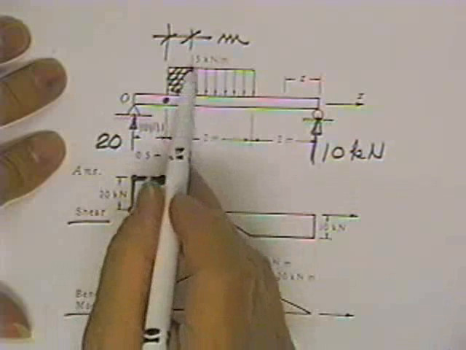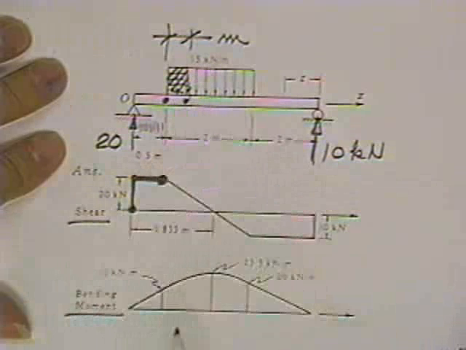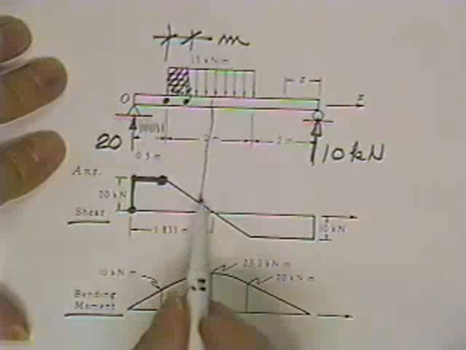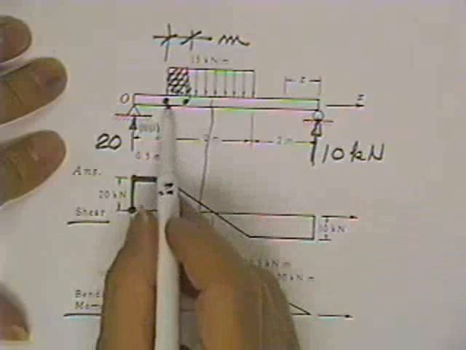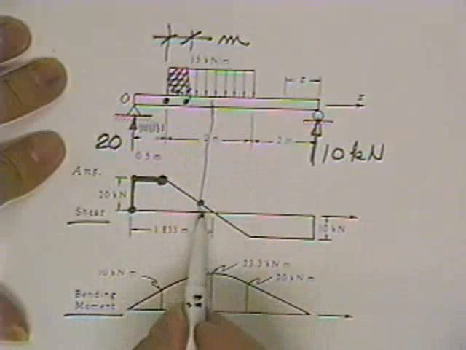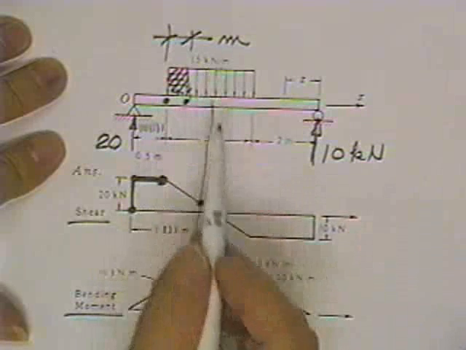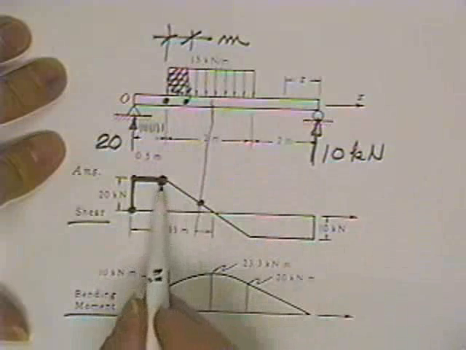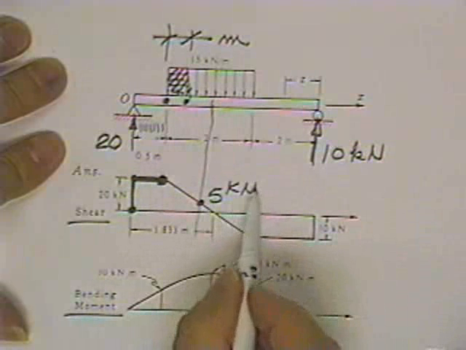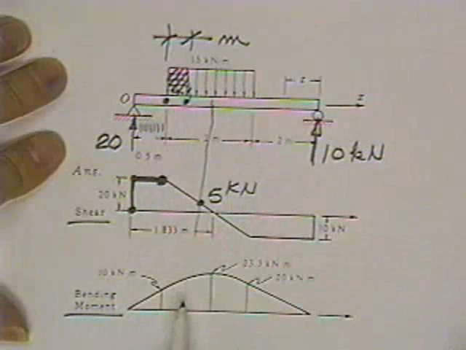Well, the amount we go down is 15 kilonewtons every time we move 1 meter. This looks like about 1 meter right here. So as we go 1 meter from here to here, we are supposed to be 15 kilonewtons lower than we used to be. We used to be at 20, so that means we're now at 5 kilonewtons.